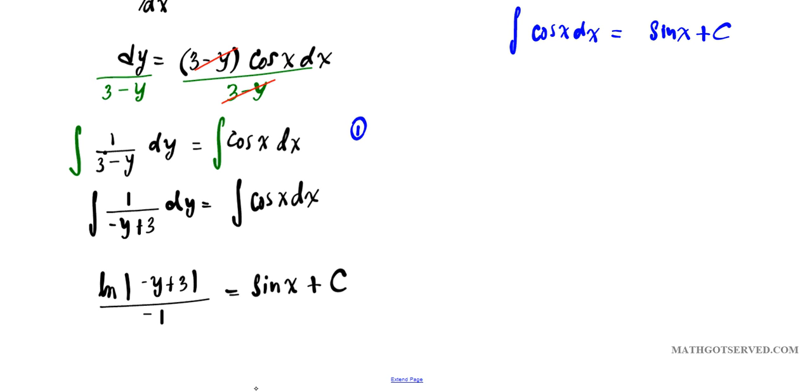Okay, now let's go ahead and simplify a little bit further. We can move this minus up here, so we have negative the natural logarithm of the absolute value of negative y plus 3 equals sine x plus c.